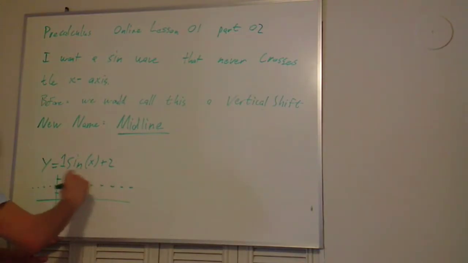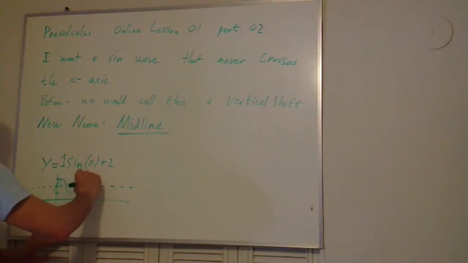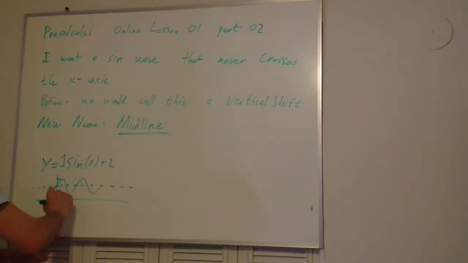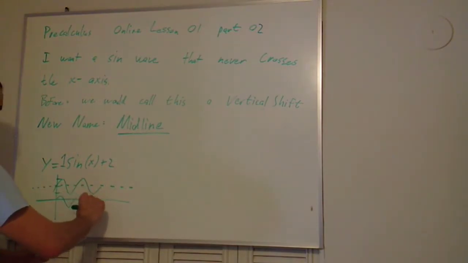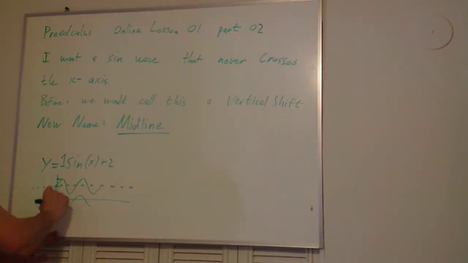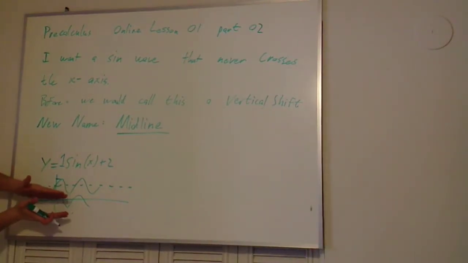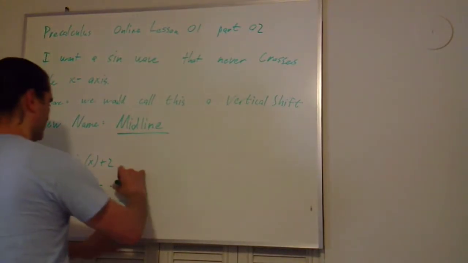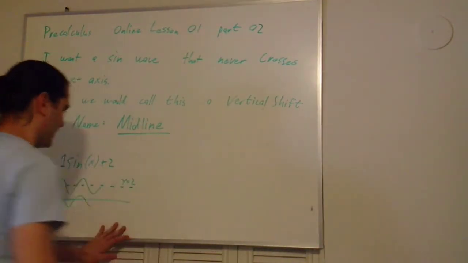So from this middle line, it's going to go up to 3 and down to positive 1. It's going to do that over and over. Whereas our standard sine wave did this. So it's the same wave moved up 2 units to give you a midline of y equals 2.